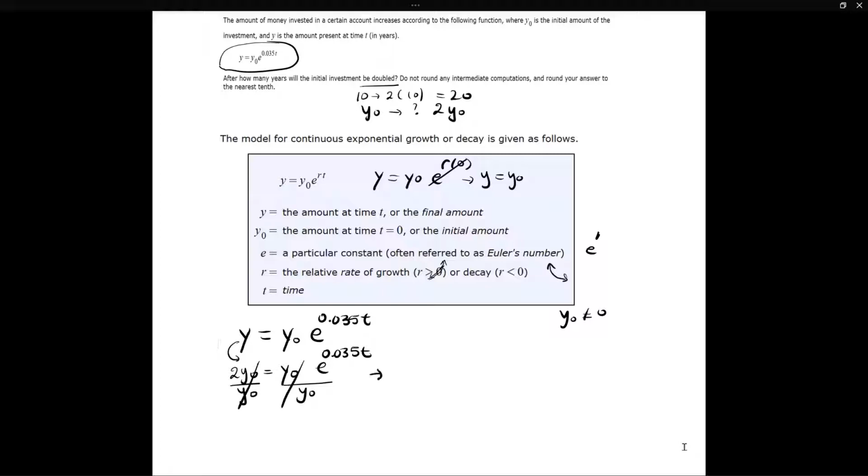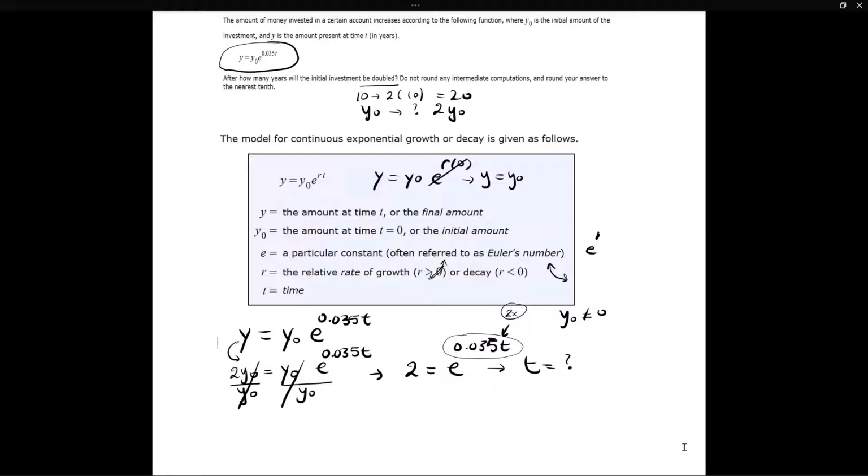So when you do that, what's left? 2 equals e to the 0.035t. We are interested in when it is time for it to double, so we're interested in t. t is here in the exponent, and we need somehow to get it down to say t equals something.